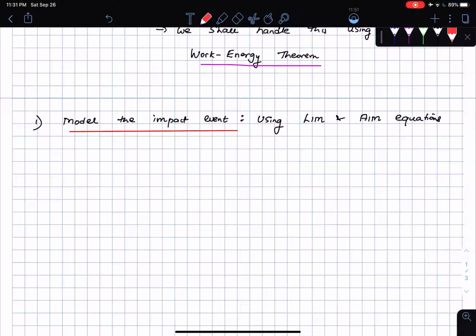Okay, so that is our first step, and we're going to be drawing some very special diagrams. Whenever you have an impact problem, you're going to be drawing what is called a momentum diagram and an impact relevant free body diagram.